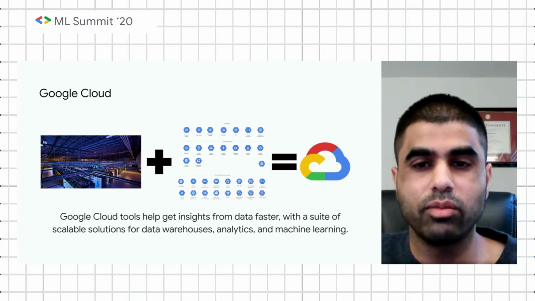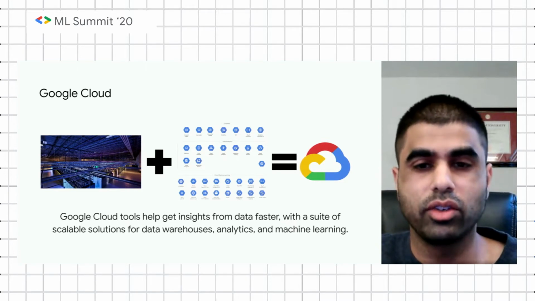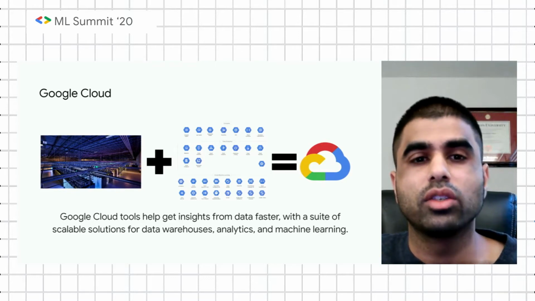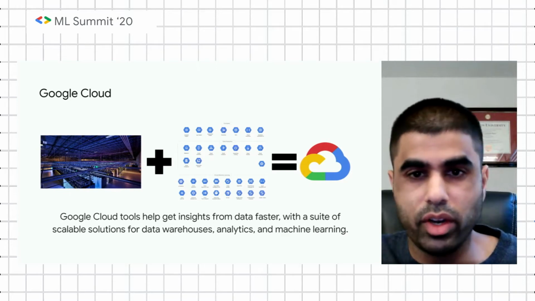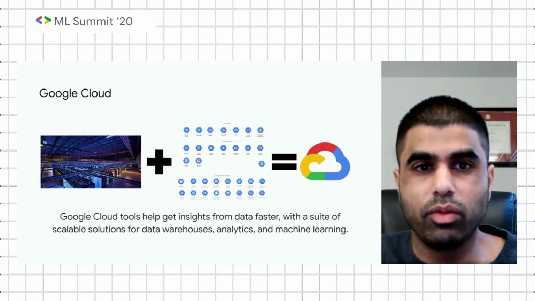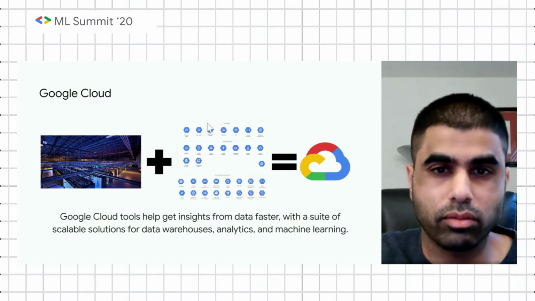So it's the combination of compute and tools to access that compute that allows you to do scalable data science. More specifically, we have data warehouses, tools for analytics, and tools for machine learning. So Google Cloud encompasses way more than R or any particular language, but the idea is it's a set of tools that can help us do our jobs.